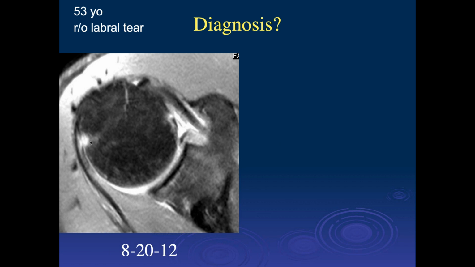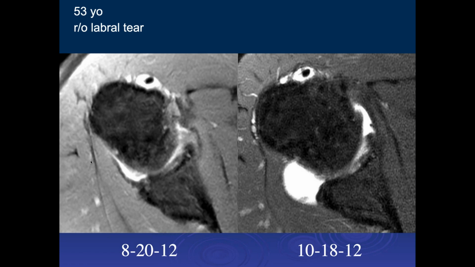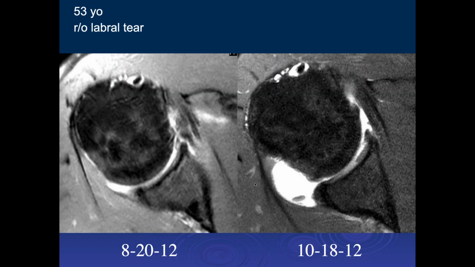Diagnosis. I think perhaps he has multi-directional instability. Here is on 8/20/2012. Here is on 10/18/2012, and these are similar locations, as much as I could do. It seems like there's some cortical depression along both the anterior inferior humeral head and the posterior humeral head.